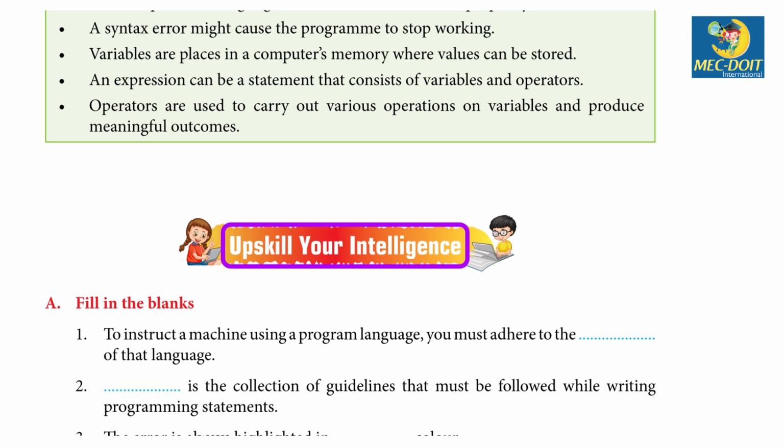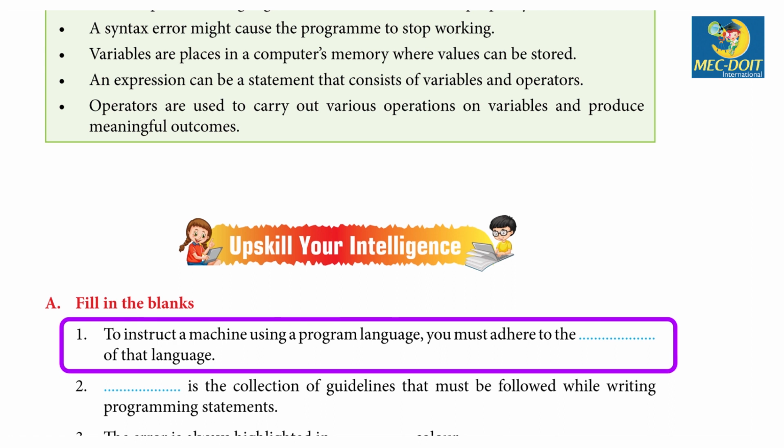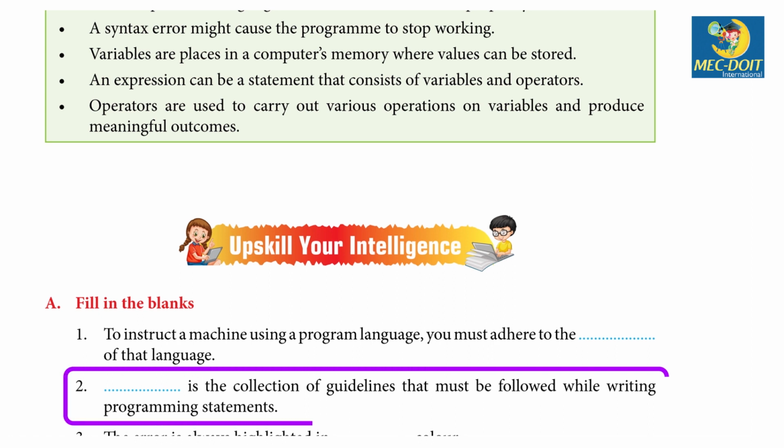Upskill your intelligence. A. Fill in the blanks. 1. To instruct a machine using a programming language, you must adhere to the dash of that language. Answer: syntax. 2. Dash is the collection of guidelines that must be followed while writing programming statements.